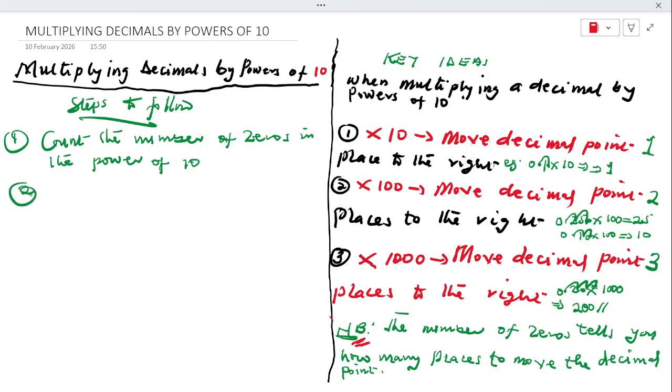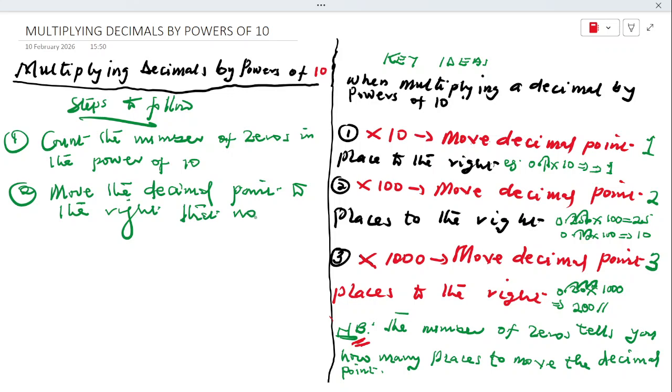So the second point is move the decimal point to the right that many places. So move the decimal point to the right that number of times.